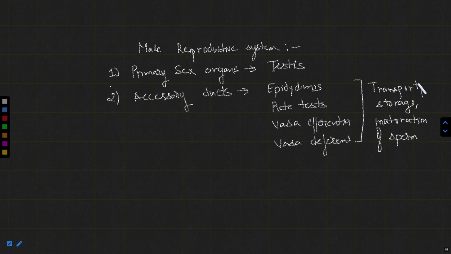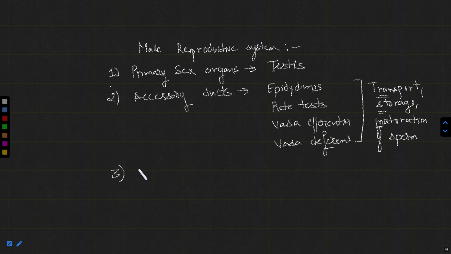So transport of the sperm from the testis to the outside. Clear? This is the function of the accessory ducts. Along with that, sperms are also stored and sperm maturation also takes place.